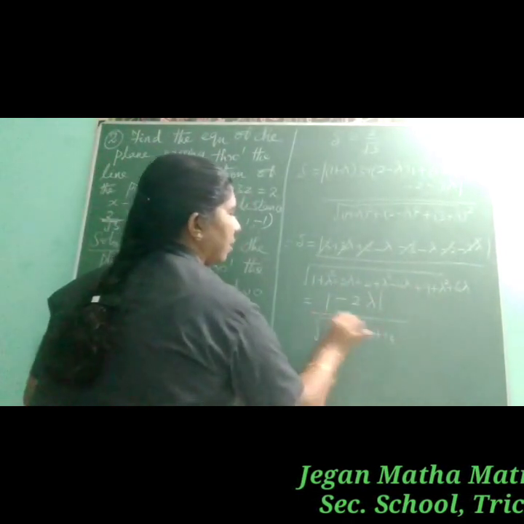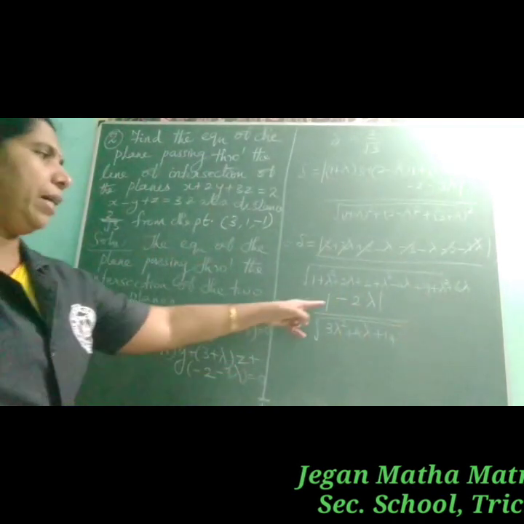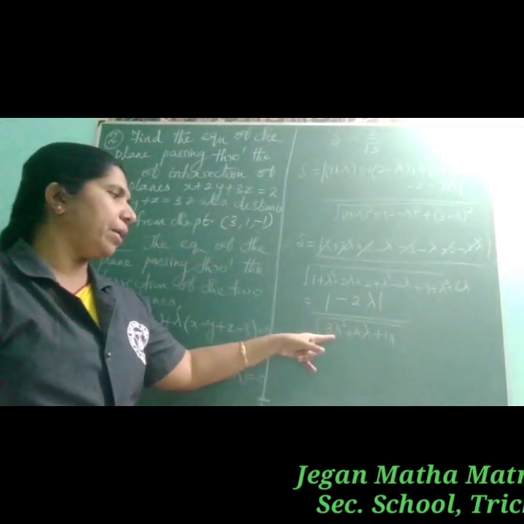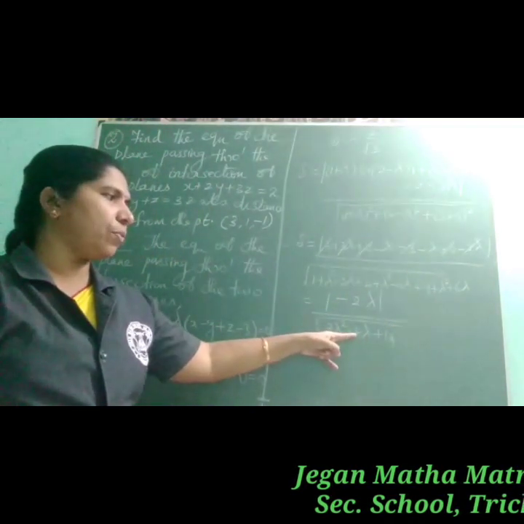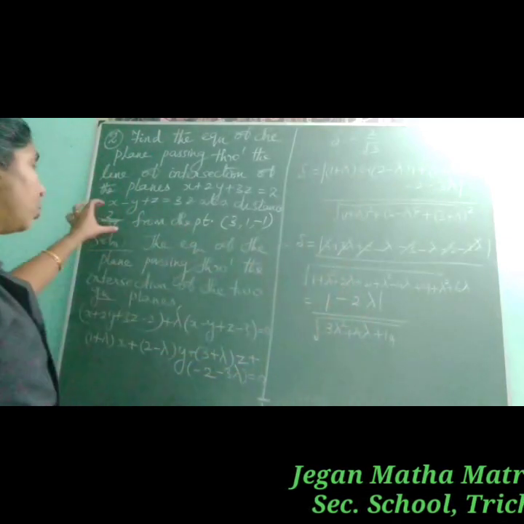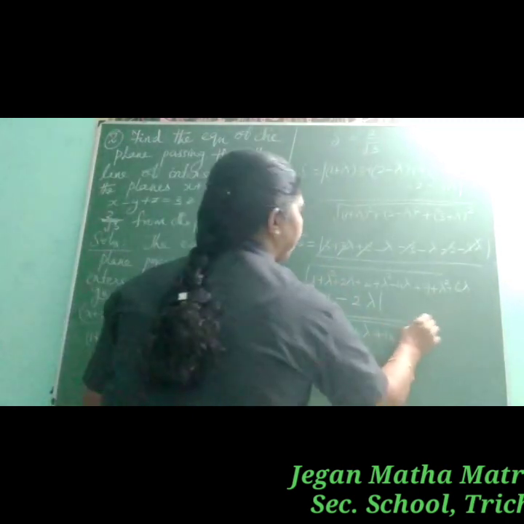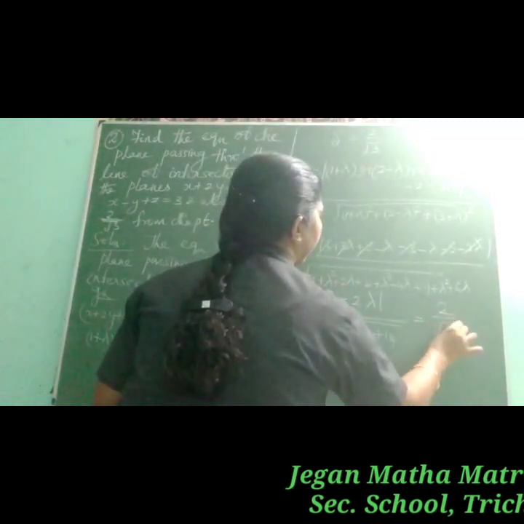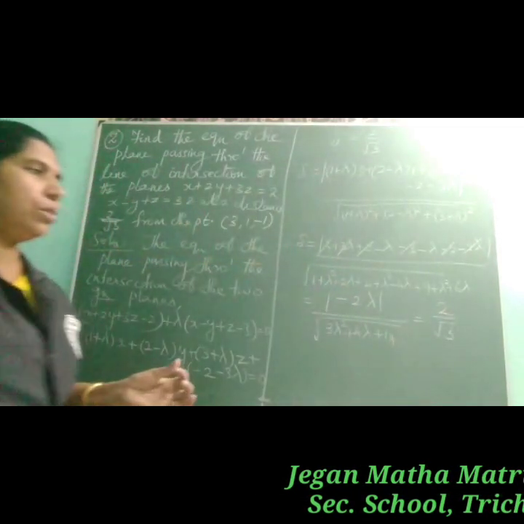That is inside the square root. We are having minus 2 lambda divided by root of 3 lambda square plus 4 lambda plus 14. This distance is given as 2 by root 3, the distance from the point.